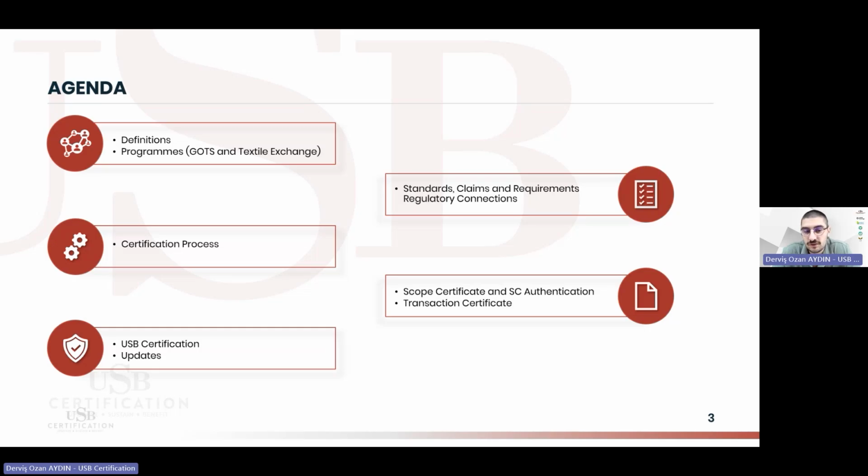After that, we will talk about the certification process, how it starts, how it ends, and how it goes all over the supply chain. Then we will discuss the scope certificates, scope certificate authentication, and we will briefly talk about the transaction certificates also. Later, we will share the details of our company USB certification, and we will give updates and news from the industry.